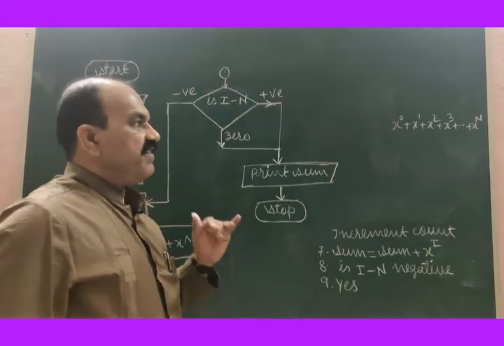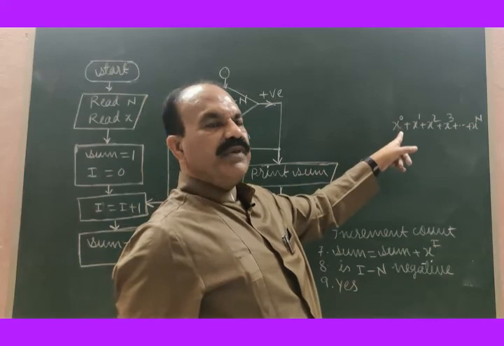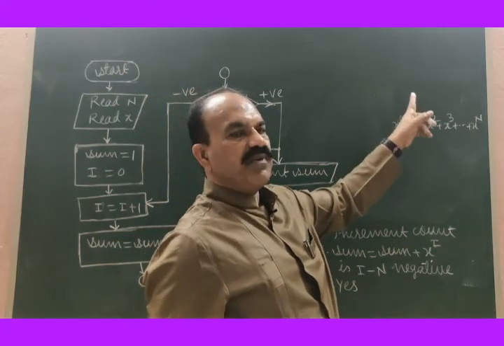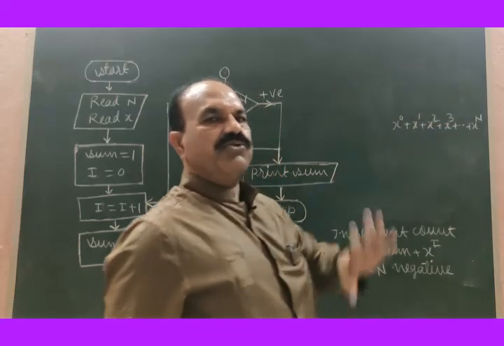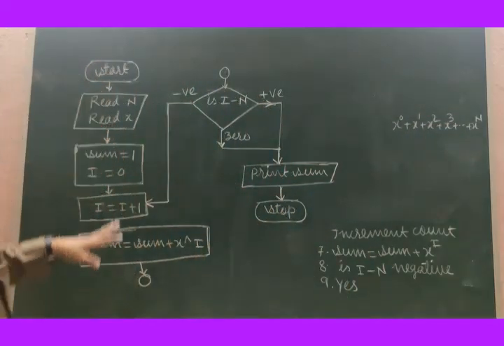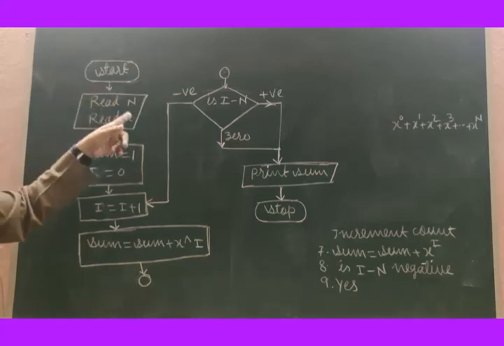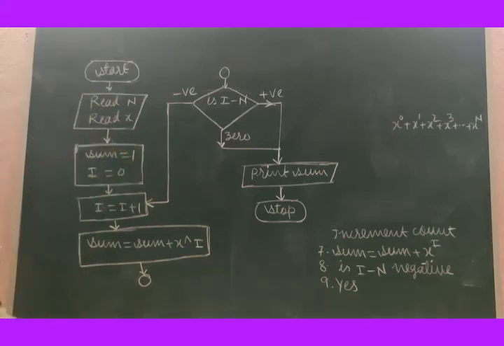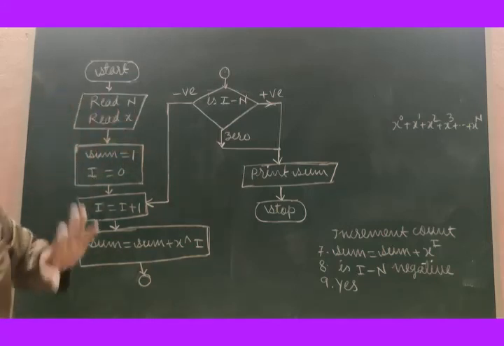Let me explain it once again. What is the series? x to the power 0 plus x to the power 1 plus x to the power 2 plus x to the power 3 and so on. Right? Start. Read n and x, both are variables. n may be large but finite, x will be very small.